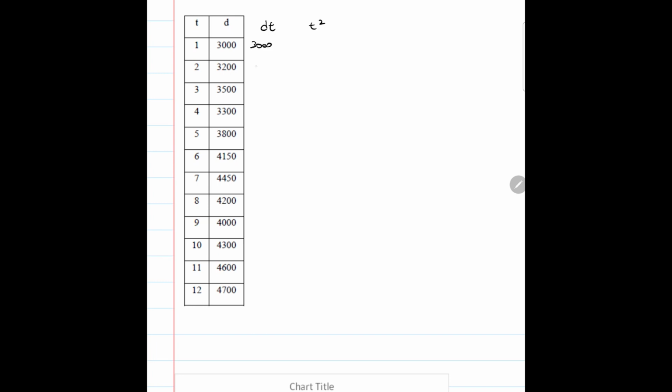So 3,400, 10,500, 13,200, 19,000, 24,900. If we use the Excel, it might be just faster.